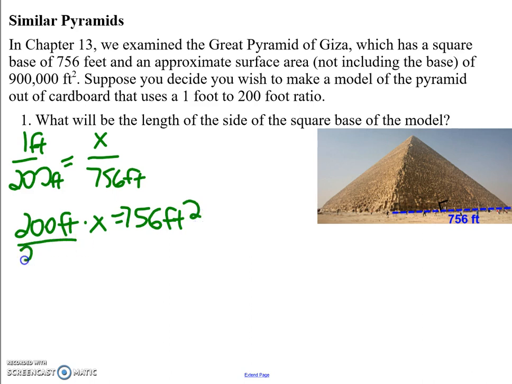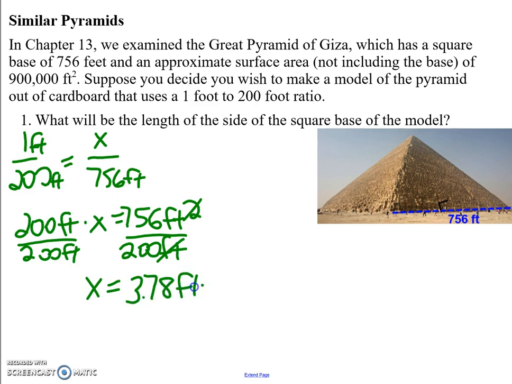So when I divide both sides by 200 feet, I know that my feet cancels one of those squared, and then 756 divided by 200 is approximately 3 7/8 feet. So about 3 3/4 feet, and 3/4 of a foot is about 9 inches. So we're looking at about 3 feet 9 inches for each side of this base.